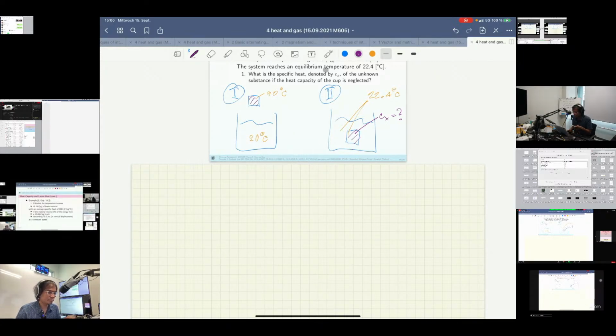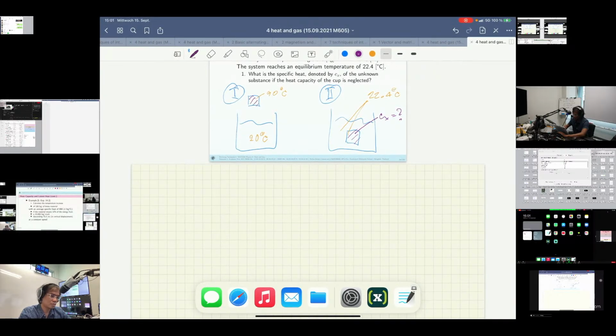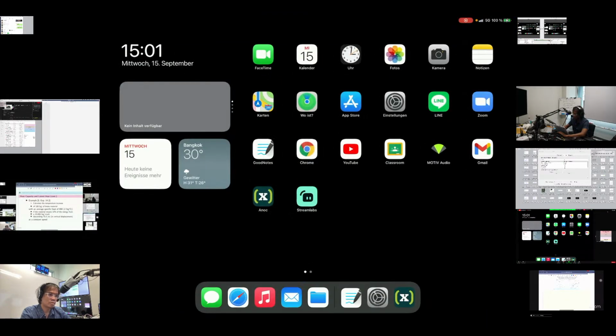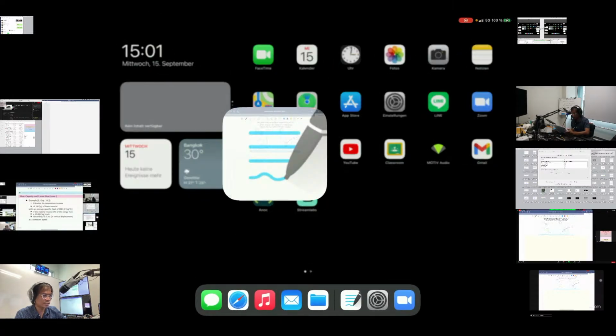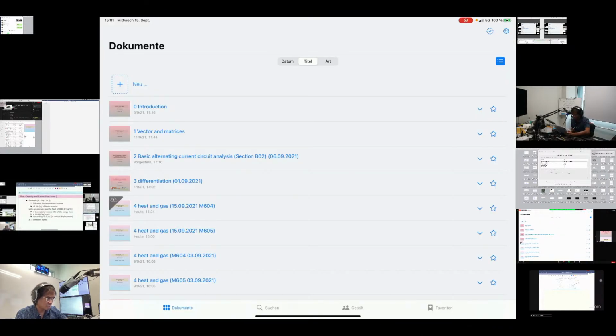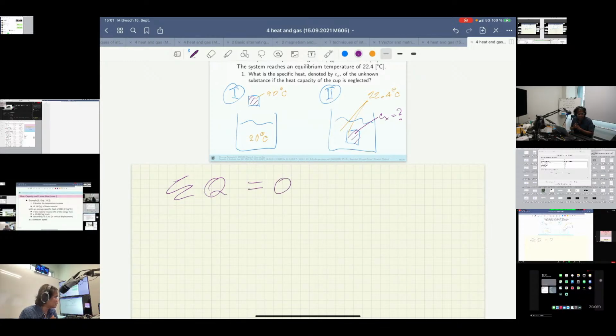So we use the summation of the heat remaining 0. There is no heat loss.